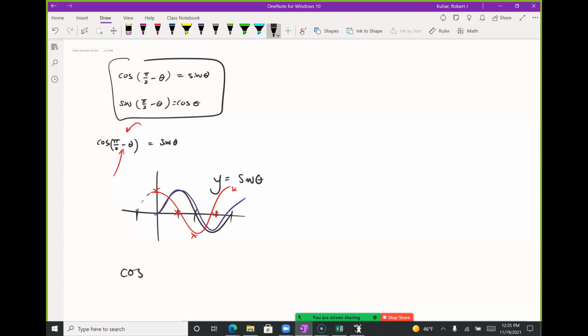But anyway, cos of pi over 2 minus theta becomes cos of pi over 2 cos of theta plus sine of pi over 2 sine of theta. And what's cos of pi over 2? Look at the cosine of pi over 2. What's cos of pi over 2?